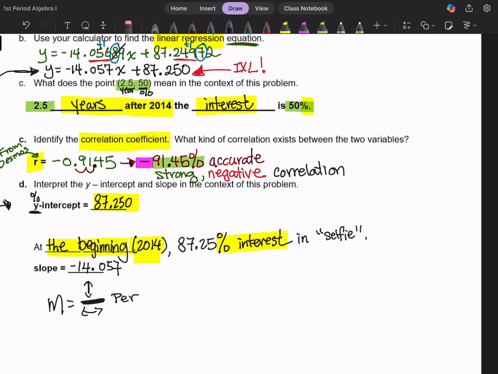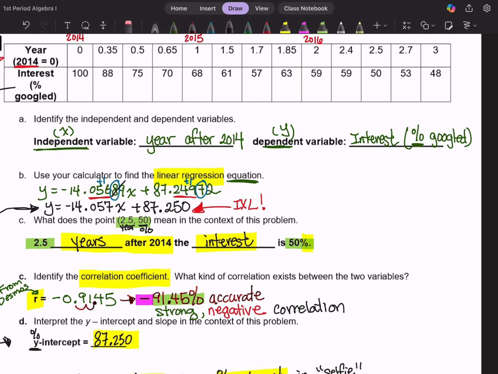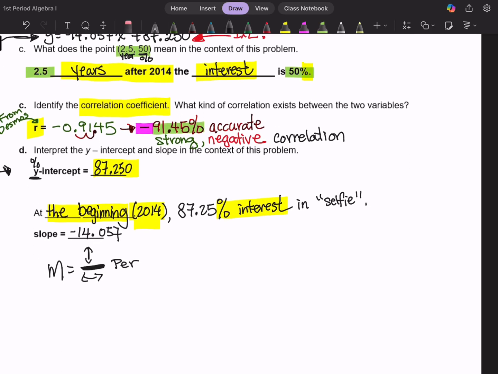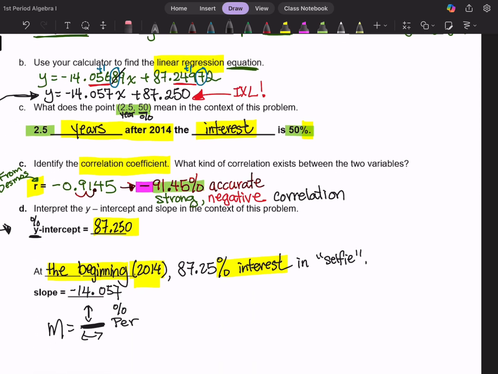Now, what unit am I using for the y value? If I go back up to the table, the y value is my percent Google. So it'll be percent. That's the unit for y. The line is the word per. The unit for x is year. So it'll be percent per year, right?